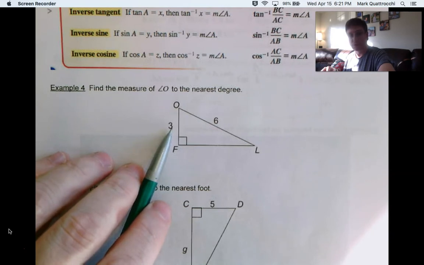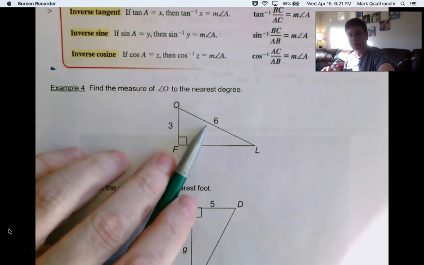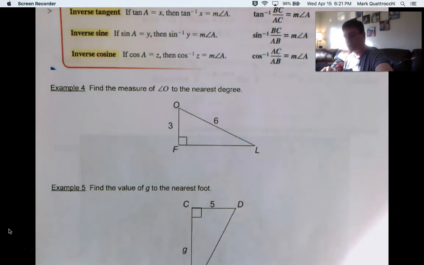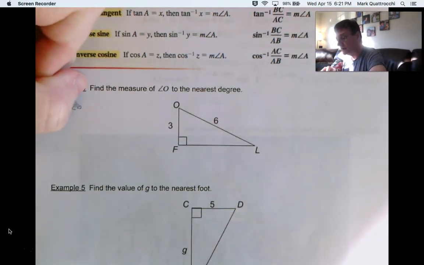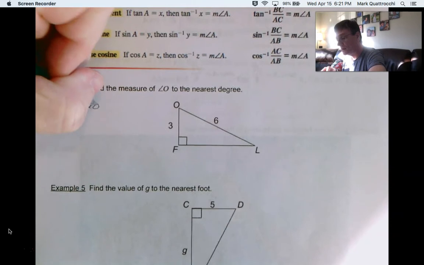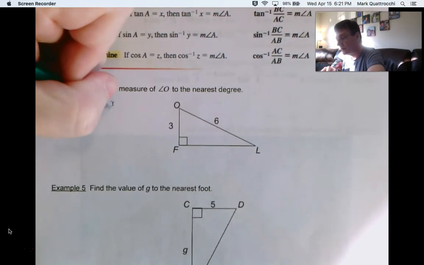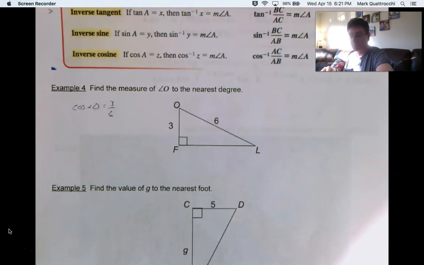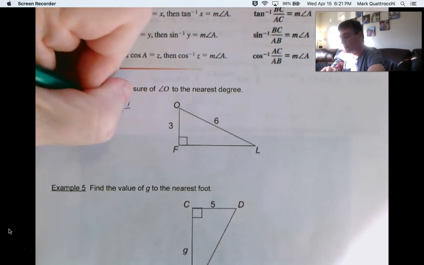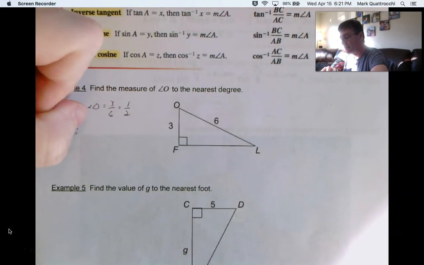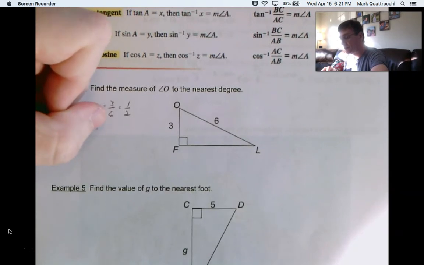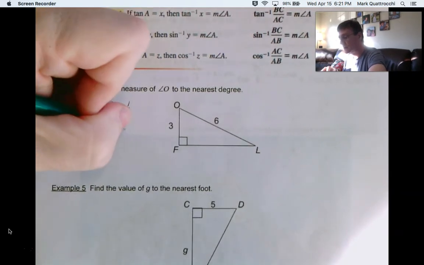Which trig ratio uses adjacent and hypotenuse? Again, cosine. Cosine angle O equals adjacent over hypotenuse, 3 over 6, or 1/2. So cosine angle O equals 1/2.